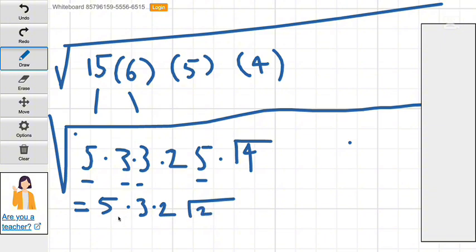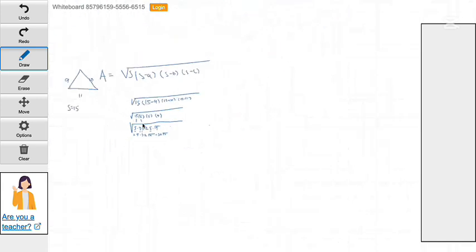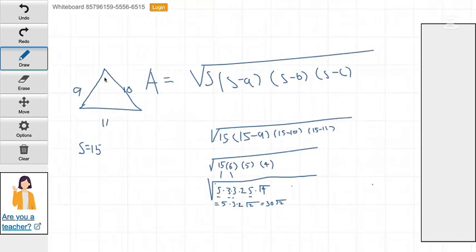So if we do 5 times 3, which is equal to 15, 15 times 2, which is equal to 30. So in conclusion, our answer is 30 with, I'm pretty sure, square root of 2. And that is, ladies and gentlemen, how you find the area of a triangle with no given angles. It doesn't have this or this or anything. Yeah, that's how it works.